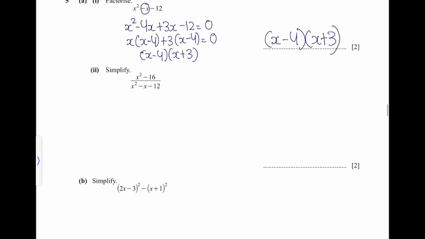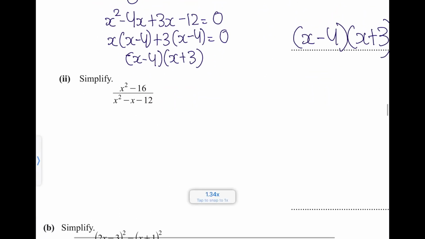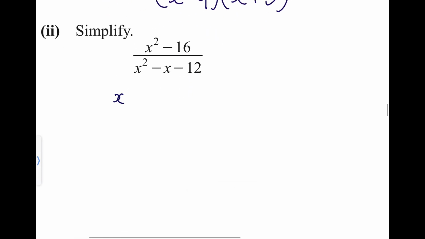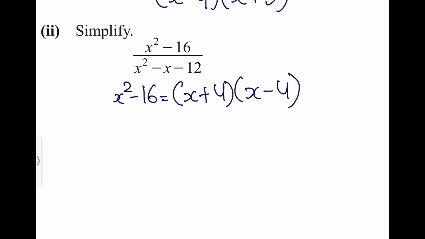Then it says to factorize it. You can see this is a continuation, because the same expression has been used from above, so do not factorize it again. x squared minus 16 can be written as (x plus 4)(x minus 4), because 16 is a perfect square. Whenever you have x squared minus b, where b is a perfect square, you can write it as x plus the square root of b and x minus the square root of b.